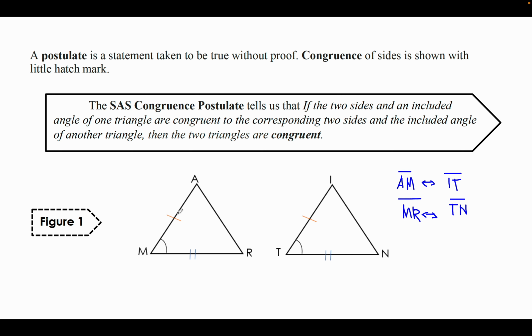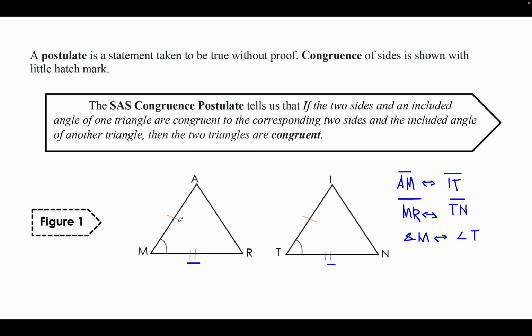And then, take note, this side corresponds to this side, and this side here corresponds to this side. And the included angle here between the two sides corresponds to the included angle of this triangle. Meaning, angle M here corresponds to angle T. Okay?